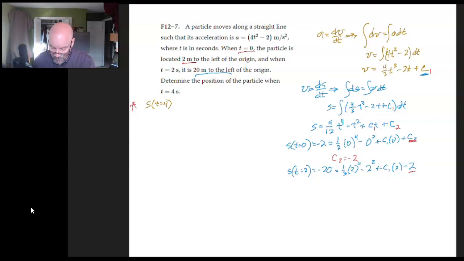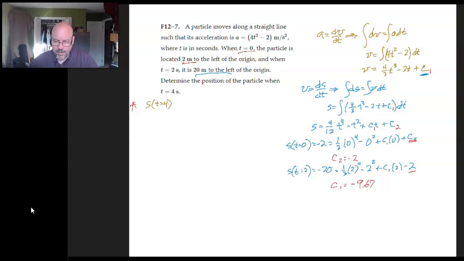That's how we're getting that term. Then we just have to plug that in, solve that thing, and we're going to see that C1 turns out to be, well, this is not a fun number, negative 9.67.